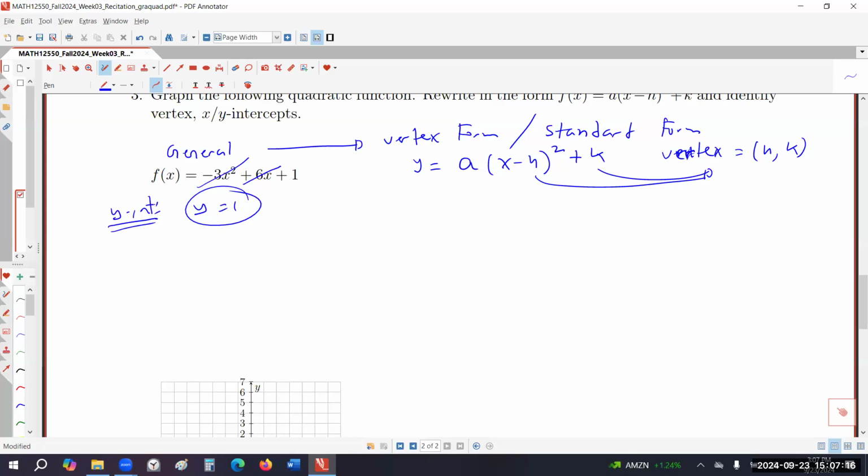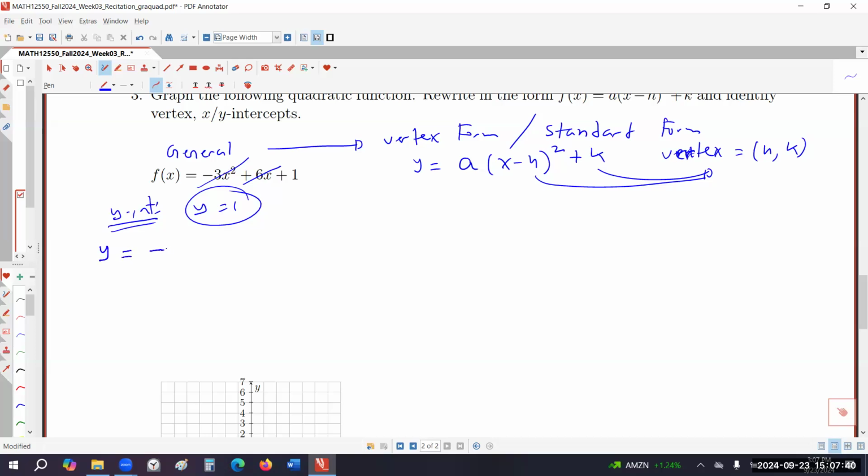Except for that, for everything else, we prefer vertex form. And x-intercept, it depends. Sometimes it's easier to find x-intercept for the general form, but it's always easier to find x-intercept from the vertex. Okay? So our goal is to convert that thingy into that piece.